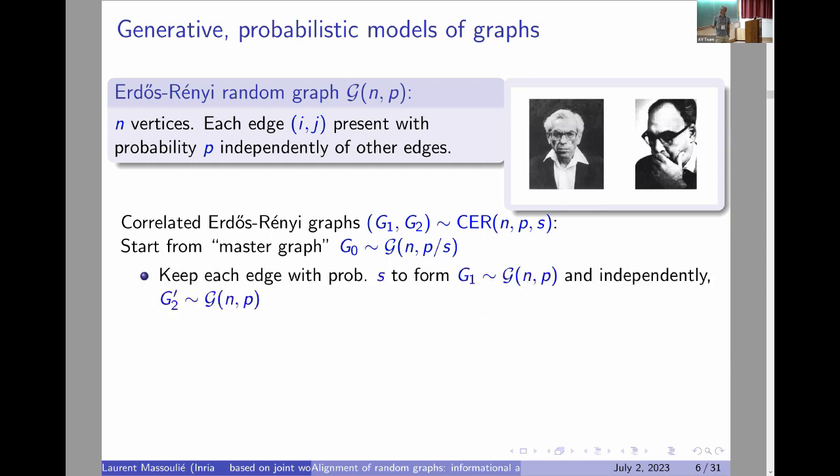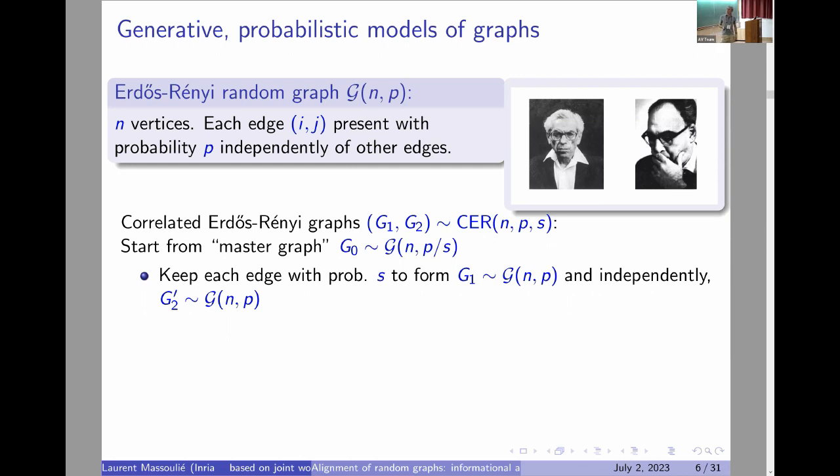And so we produce a first graph by downsampling the edges of G0. So we keep them with probability s independently of everything else. So that produces a first Erdős-Rényi graph G1, which obviously has parameters n and p. And to produce a correlated version of that, we start once more from G0. We downsample its edges with a probability s of keeping the edges.